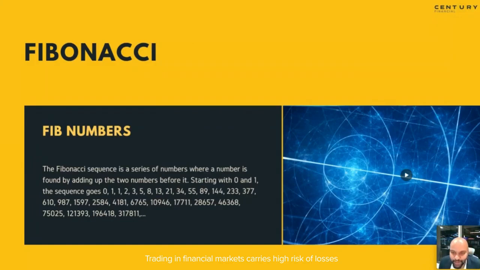Okay, let's do that again on a bigger number. Let's look at 196,418 divided by 317,811 into 100. Again, you should get 61.8. I'm guessing all of you have tried this out, and you should be getting it.